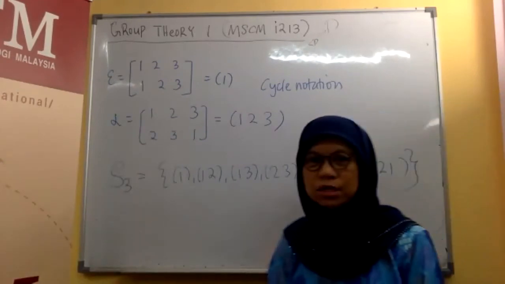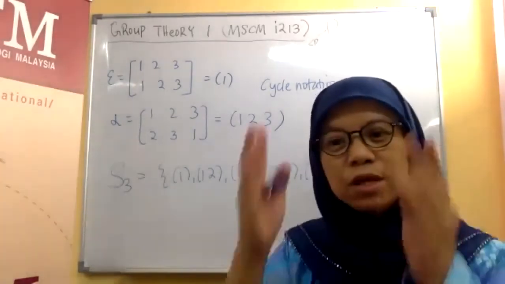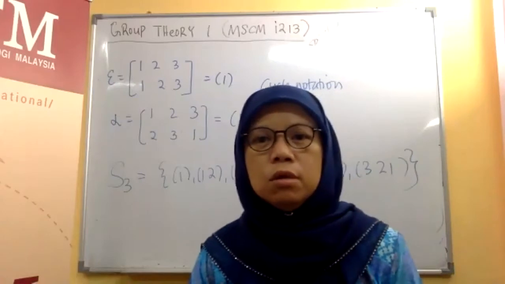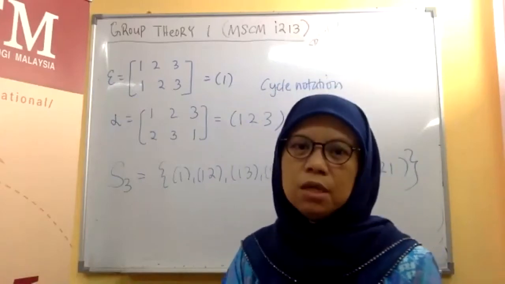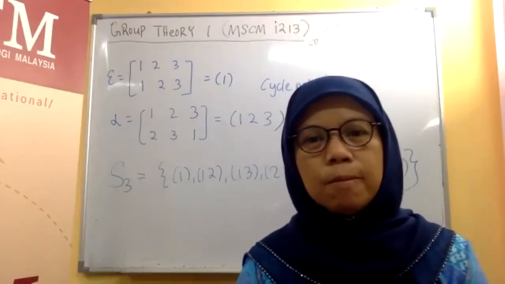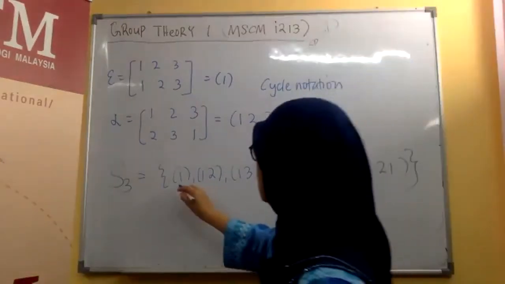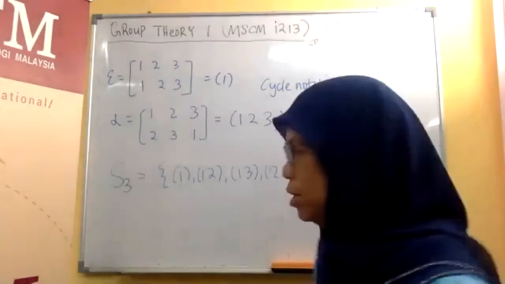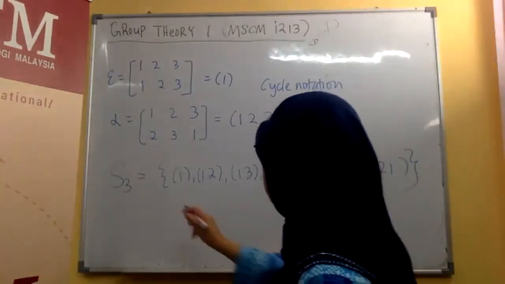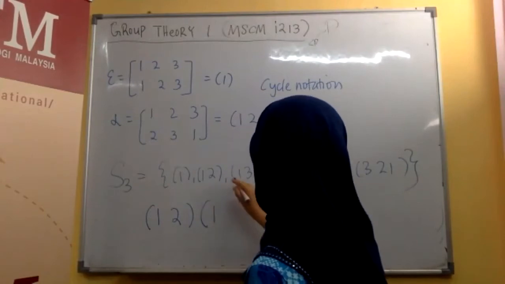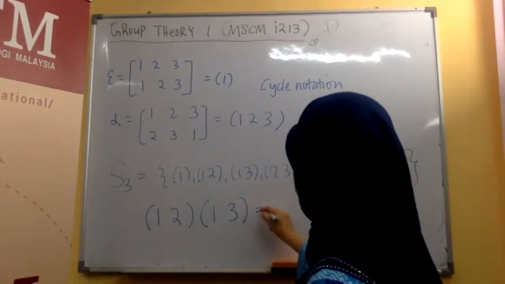And how do you show this is a group? You can write the Cayley table. Okay, so without even writing the Cayley table, if I ask you what is the identity? So this is the identity. Now how do you multiply? Like this, (1 2) times (1 3).